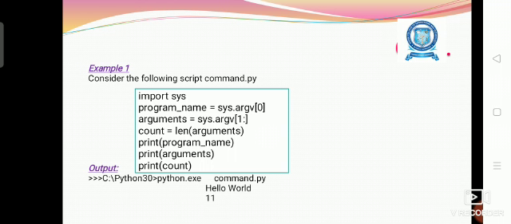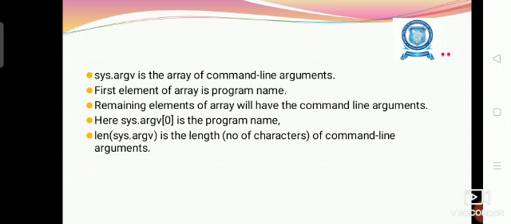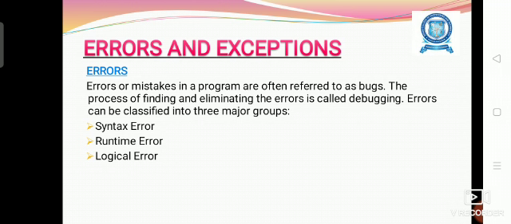Finally we are printing the program name, arguments and count. The output will be: program name is command.py, the arguments is hello world, and count is 11. That is, the number of characters present in the argument hello world is 11. In this way we can use the sys module.